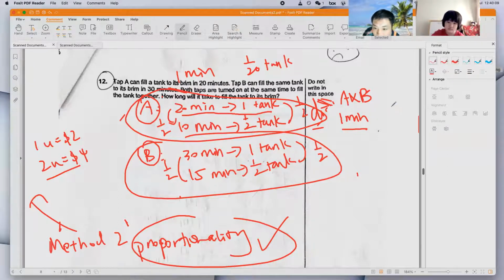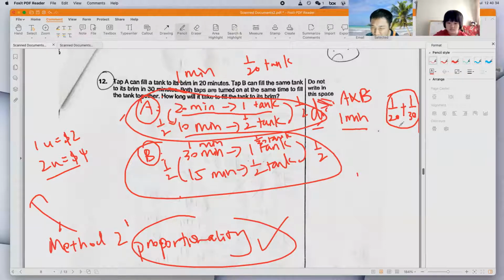So A contributes 1/20 tank, plus 1 minute for tap B is 1/30 tank. So that is the tank filled after 1 minute.